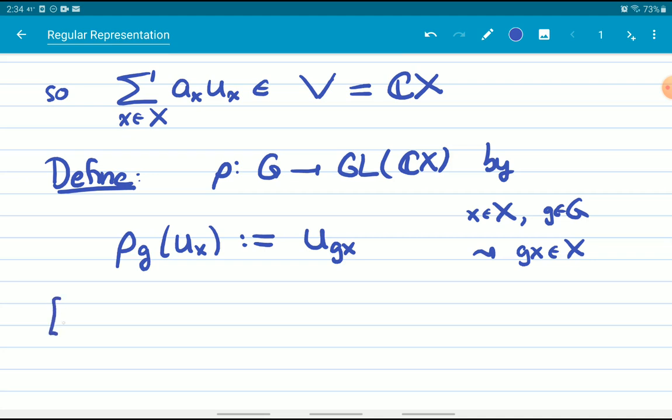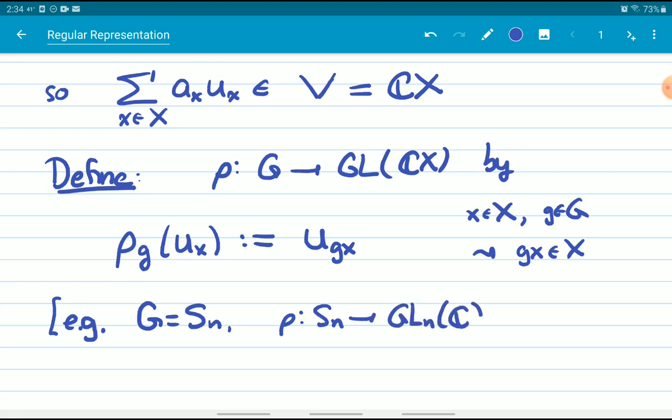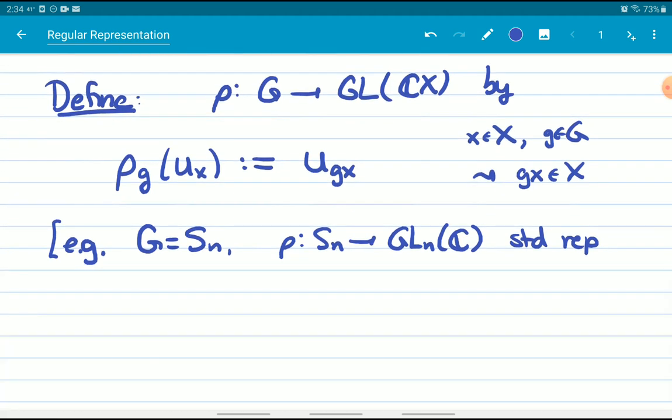We've seen this sort of thing. For instance, I could take the symmetric group, and I could take rho to be the standard representation. Well, that's an example of a permutation representation. I'm starting with the action by the symmetric group on the set of elements 1 through n.